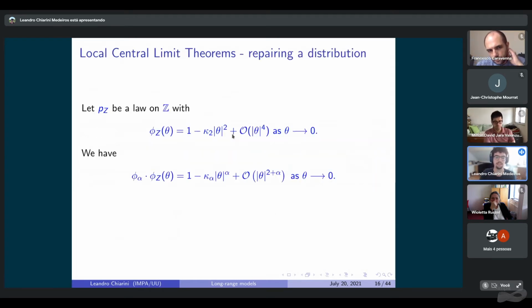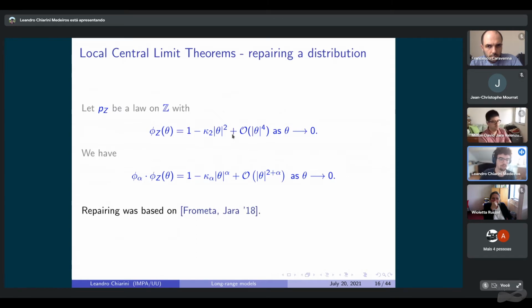Right. And this idea of repairing the distribution is somewhat reminiscent of a paper from Frametta and Jara. They used it in a different way. There it wasn't really summing distributions. It wasn't a convolution of distributions. They used a convex sum of 2 distributions, but the idea is kind of the same.